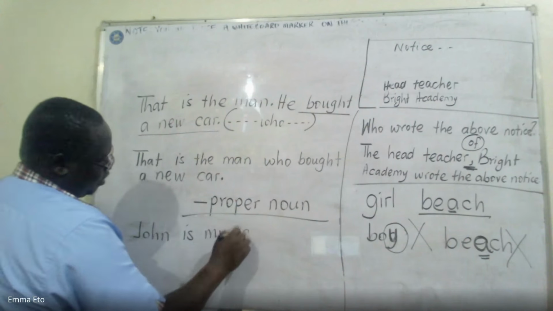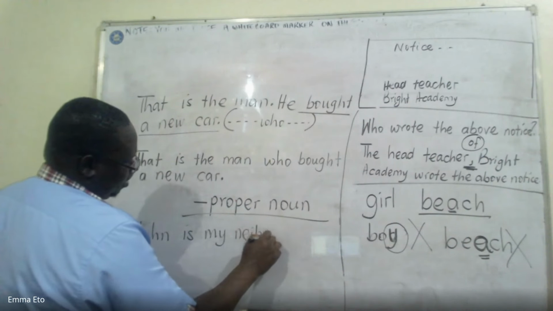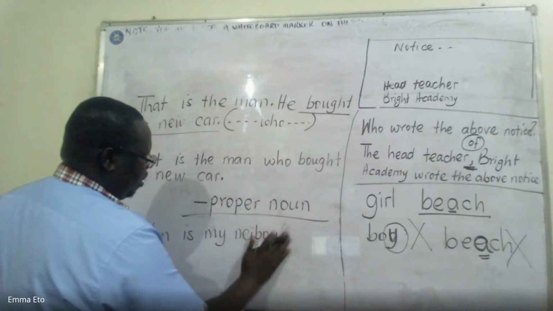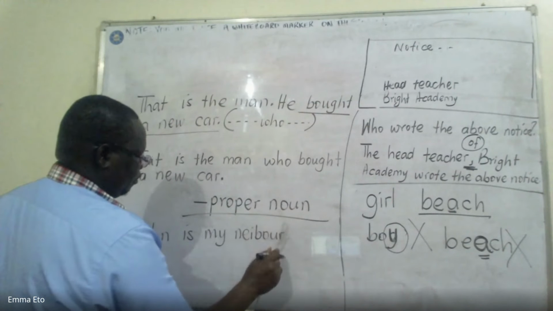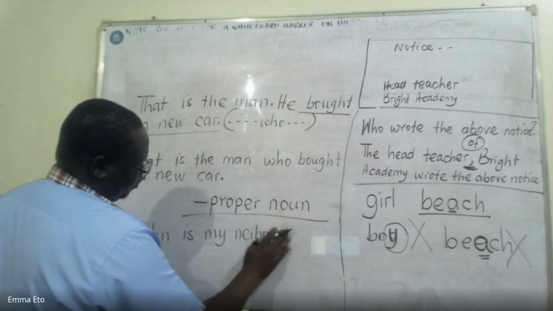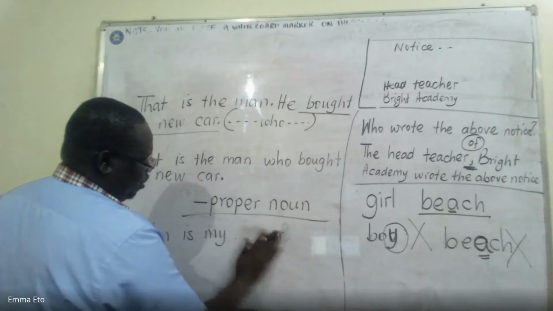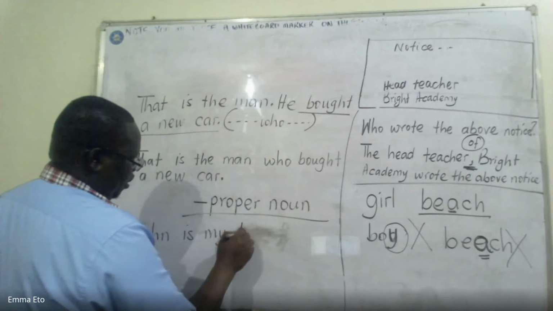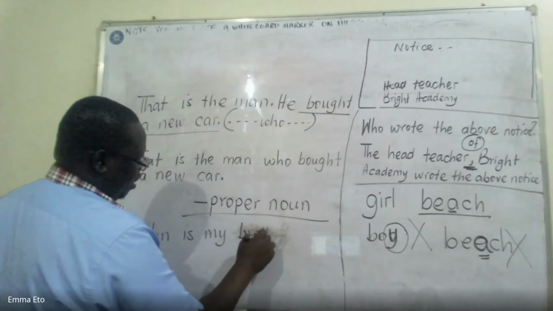Is my what? Neighbor. Okay. Let me say John is my brother. Let me just use brother. John is my brother.